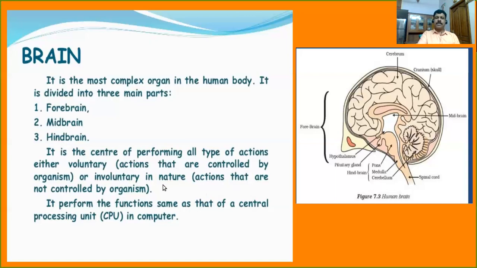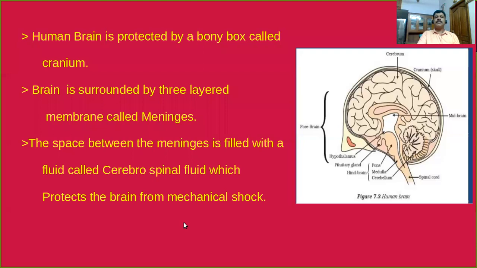So dear students, all these voluntary actions and involuntary actions are controlled by the brain. It performs functions the same as a central processing unit in a computer. Now we are going to discuss in detail the forebrain, midbrain, and hindbrain.